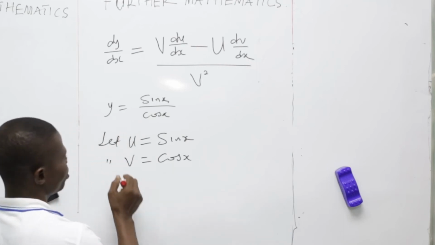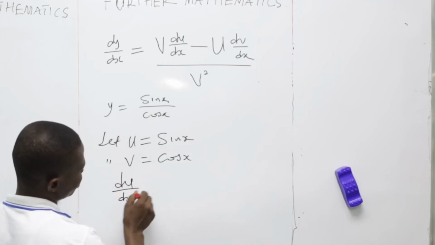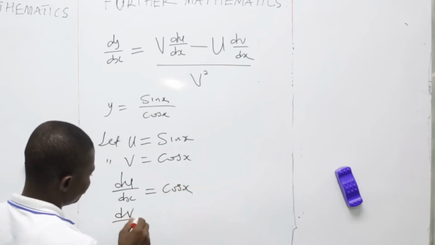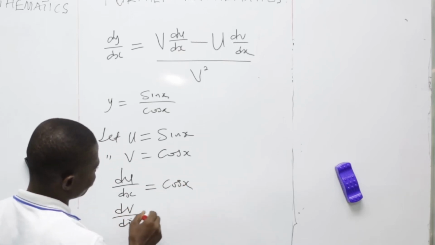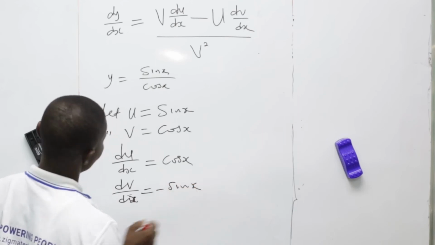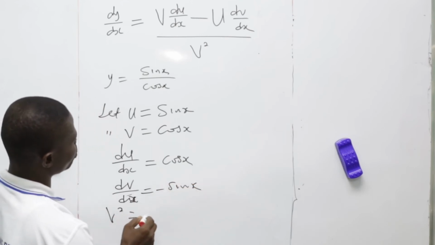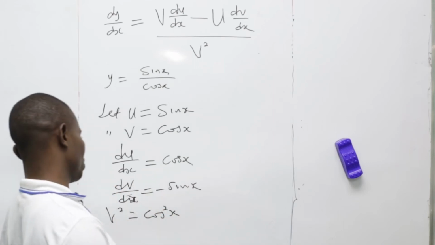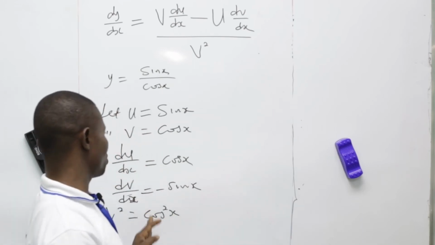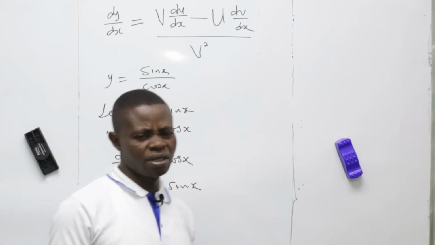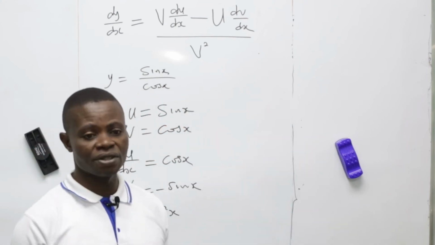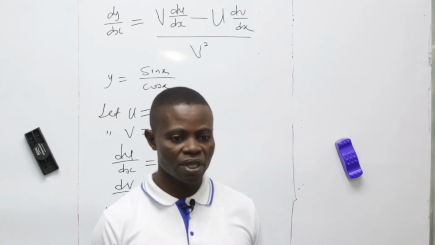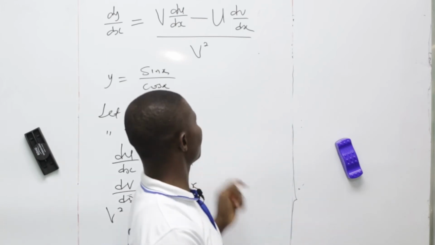Minus sine x. So du/dx equals cos x, while dv/dx equals minus sine x. And v squared equals cos squared x. These are what you have here. The next is just the substitution. You can see there's no more stress about this differentiation. It's just your ability to recall. You solve, you substitute, and get your final answer.